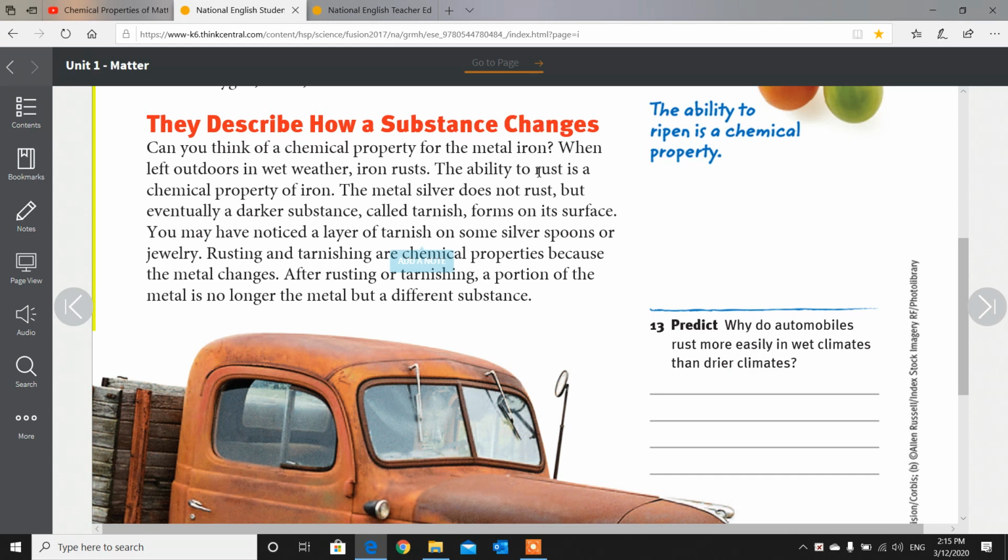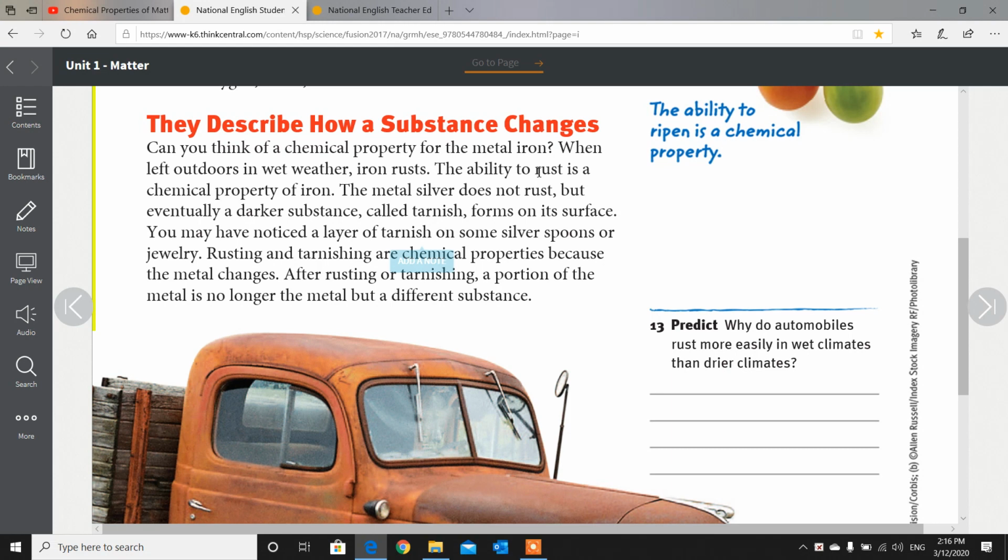Rust forms when iron reacts with the oxygen in the air in wet weather. So when the oxygen reacts with the iron in wet weather, it forms a new substance called rust. So rust is a chemical property of iron.